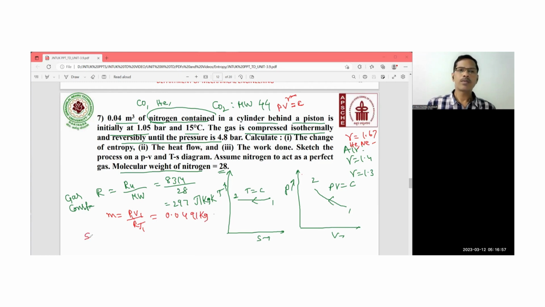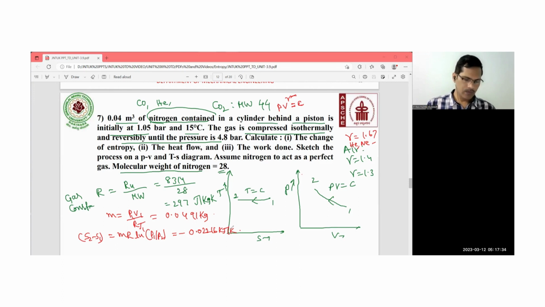Then the change in entropy, S2 minus S1, is equal to mR ln P1 by P2, that is minus 0.02216 kilojoule per Kelvin. This is the formula you have to apply here, because it is an isothermal process.